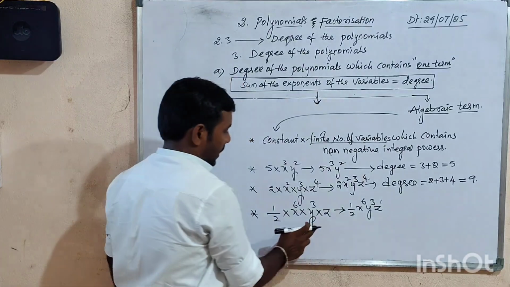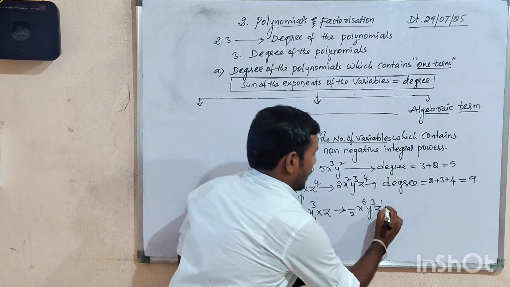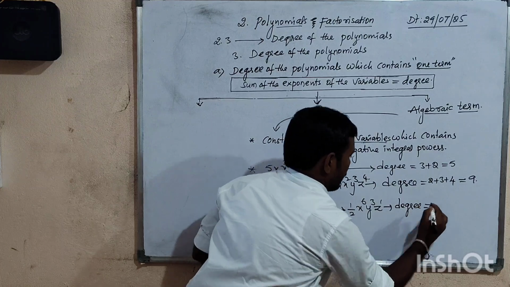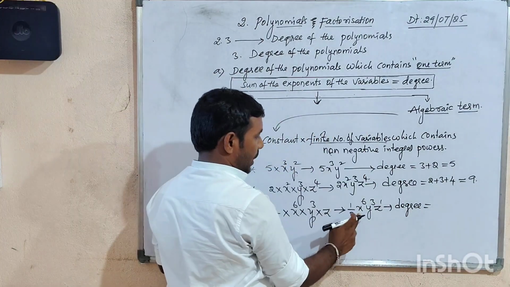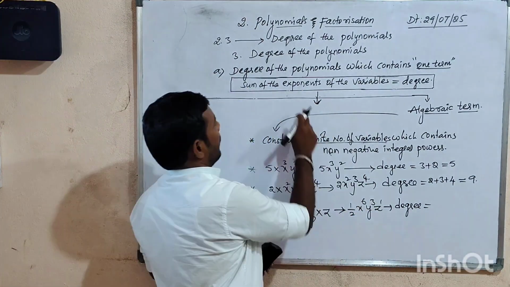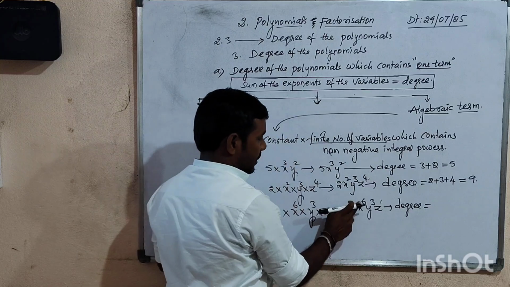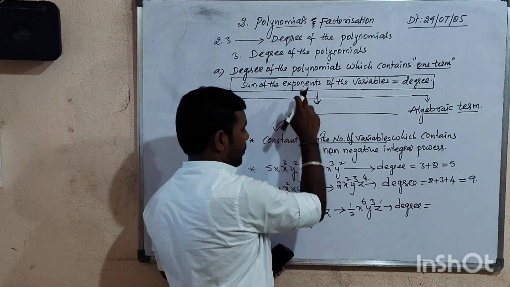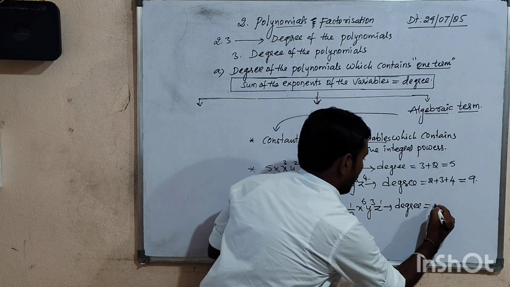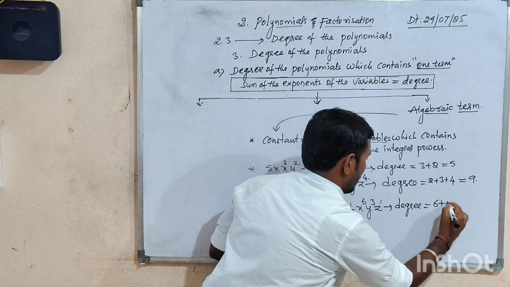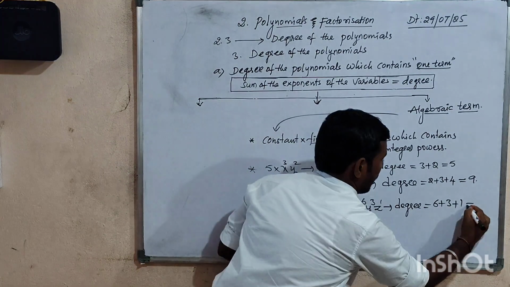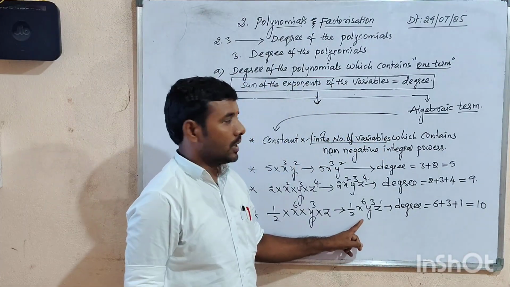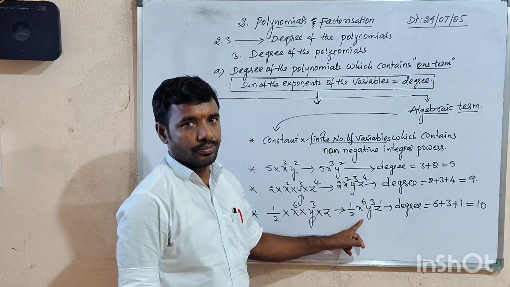Now let us see the third one. Its degree is equal to, so variables x there, y there, z there. Their exponents 6, 3, 1, and the sum of the exponents of the variables, nothing but degree, is equal to 6 plus 3 plus 1. The answer is 10. This 10 is called the degree of this algebraic term.